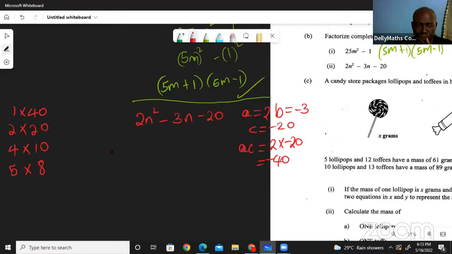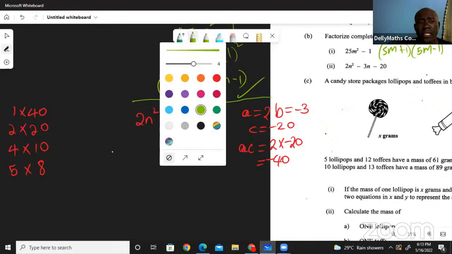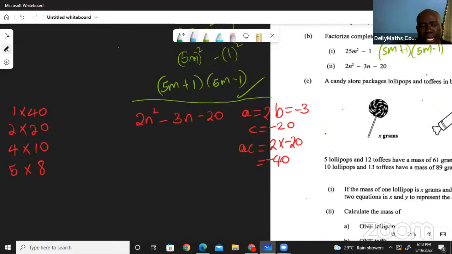Now you can ask which one of these pairs can actually give us a 3. There's no way by adding or subtracting we could get a 3 here. No way we can get a 3 here. Can't get a 3 here, but definitely we could get a 3 with a 5 and an 8. So a 5 and an 8 can give us a 3. When you find them, if your AC is a negative number, one will be positive and one will be negative.